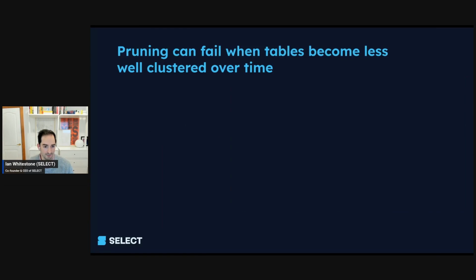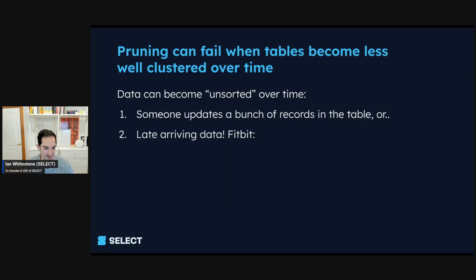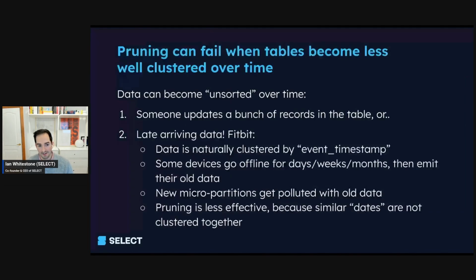I don't know why I have animations on the slide, but another interesting example of when pruning can fail is when the tables become less well clustered over time. In all the examples I've shown, we've assumed that the table is well clustered on whatever column we're filtering on. We're going to talk more later about how you can check if it's well clustered on that column and how you can get it into that well clustered state.